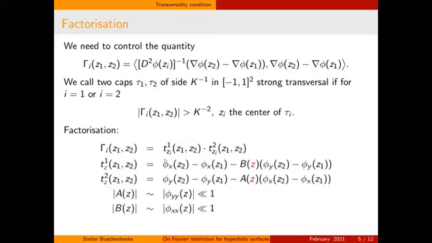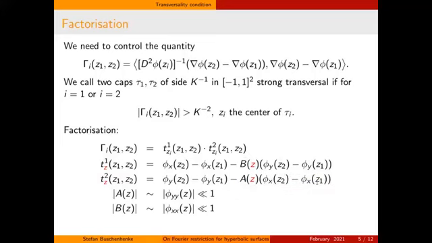So there's a very useful factorization. You can factor gamma I into these two functions T1 and T2, which are given by these formulas. With these terms B and A of Z are some functions depending on the second derivatives of phi, which I will not write down explicitly, but they're proportional to the second derivative solely in y, or the xx derivative. And since we are in the hyperbolic case, both these numbers are small, so you can consider these second terms here as perturbation terms.